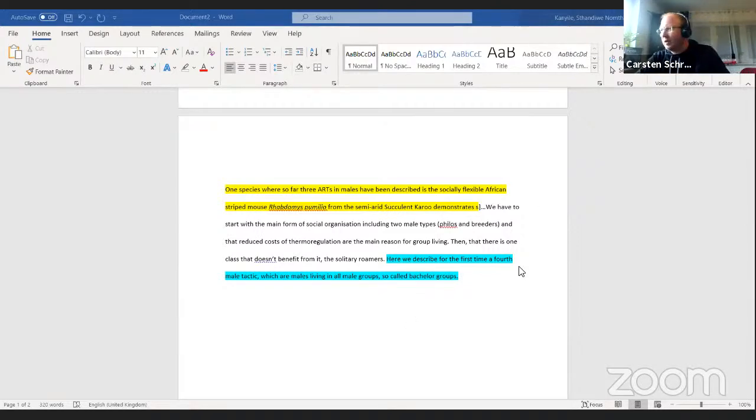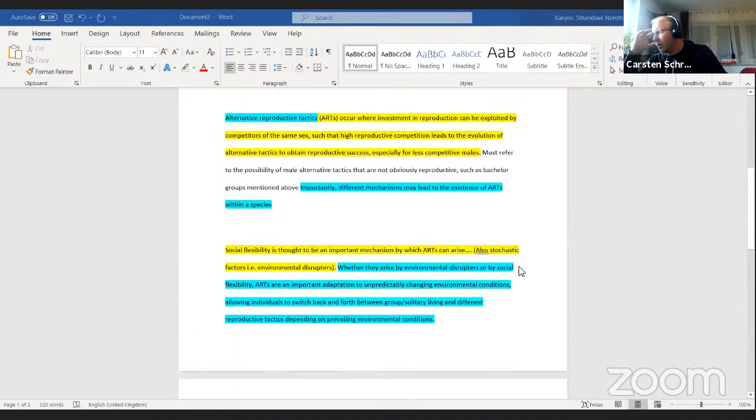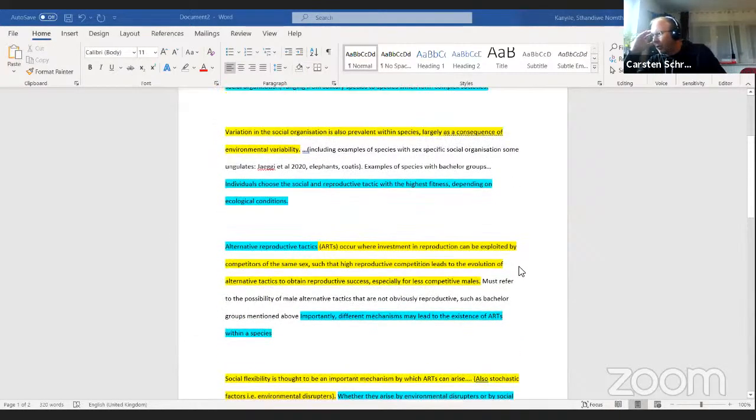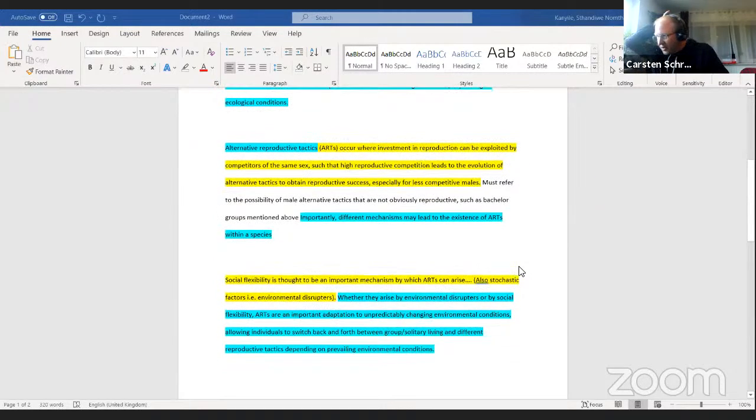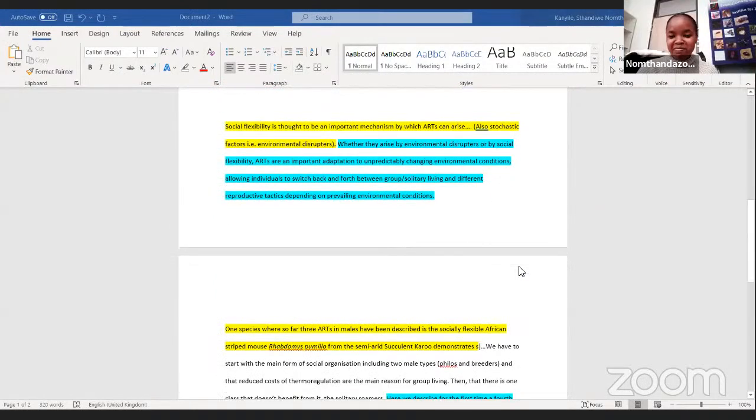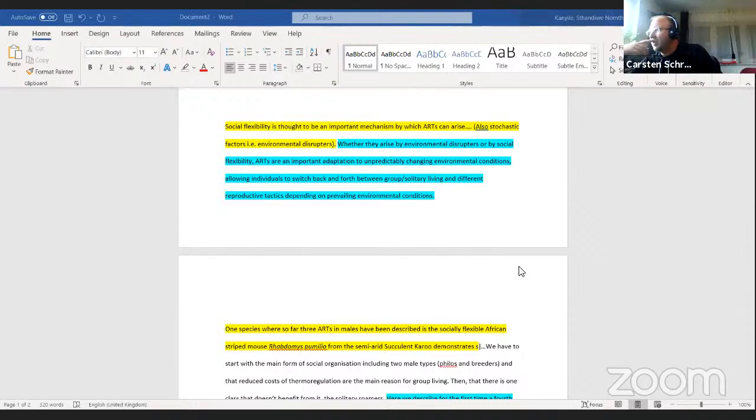Can you go up again? I was only at the second last paragraph with the very long terminator sentence. Okay. Arts are important adaptation. I think in this last terminator sentence you can delete "allowing individuals to switch back and forth, blah blah blah."